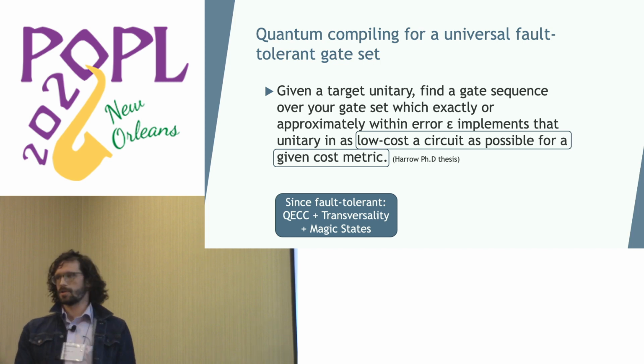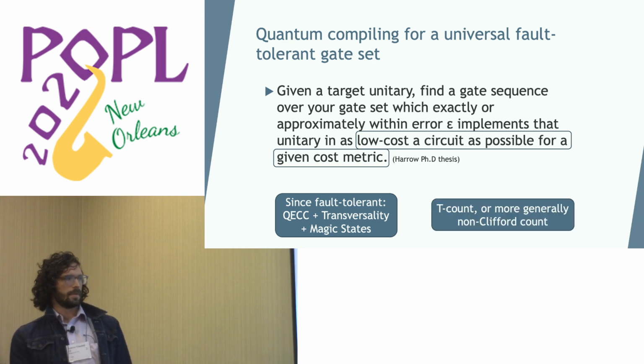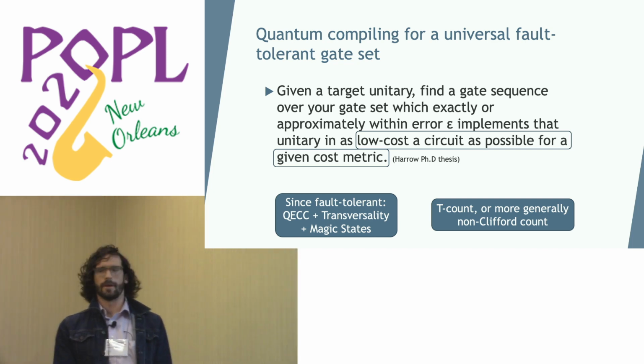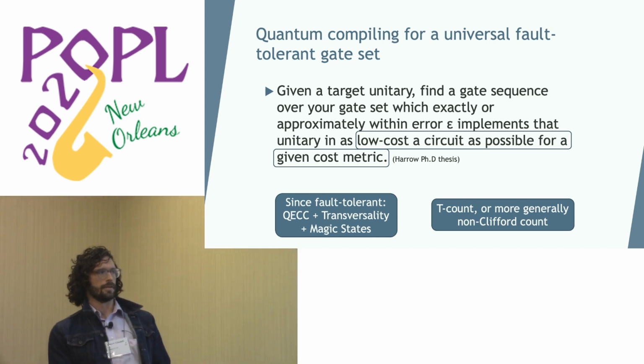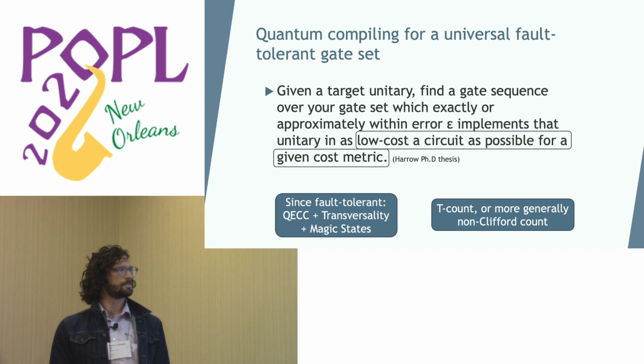And then using magic state distillation, where magic state distillation is really the thing that is difficult to do. And so because that is the case, typically the T count is used as a cost metric. In my case, I'll be talking a little bit more generally about the non-Clifford count, where these non-Cliffords are specifically those that can be implemented using magic state distillation techniques.